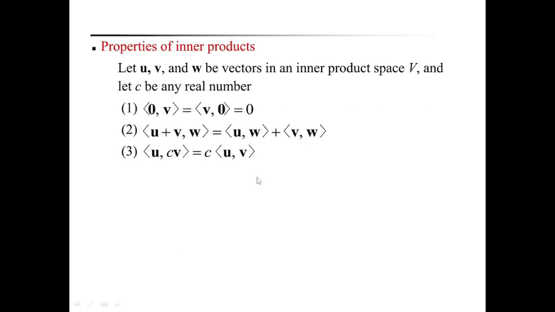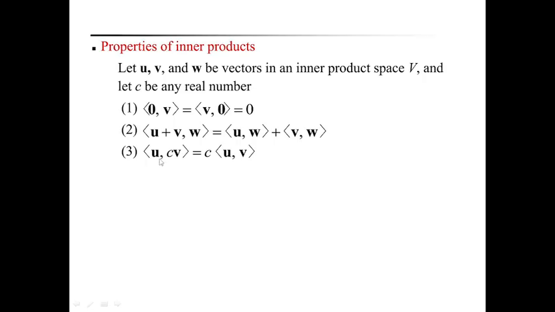Here we see the properties of inner product space. u, v, w are vectors in an inner product space and c is a real number. These are the properties. The first property is inner product 0 comma v equals inner product v comma 0, which is obviously 0. The next property states that inner product u plus v comma w equals inner product u comma w plus inner product v comma w, that is distributive.